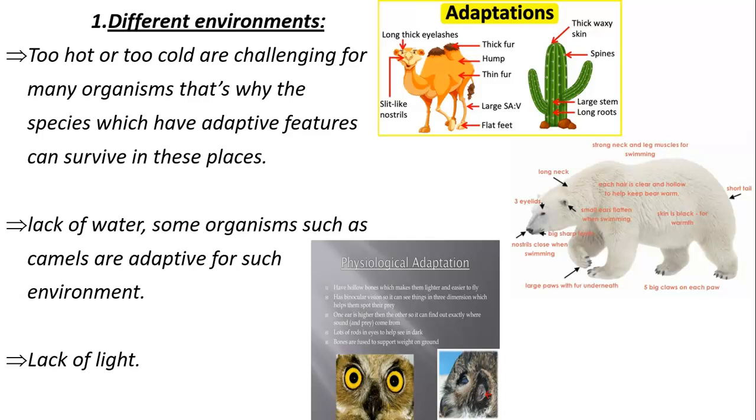So they need adaptive features so that they can tolerate the lack of light. Like the eyes of the owl here, they are very special for night vision. So that's why owls can live in the dark while they can see well in the dark. They can even hunt in the dark. So these are the three factors that we have to look at in the questions in order to know which adaptations we are looking at.